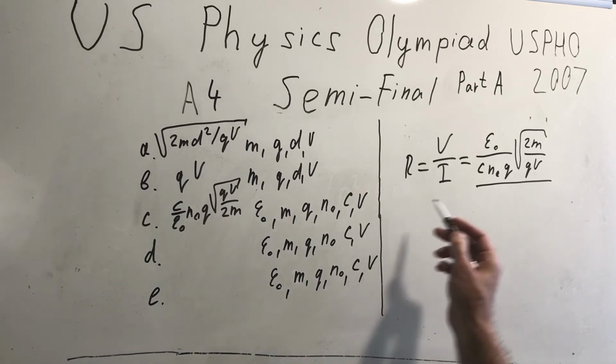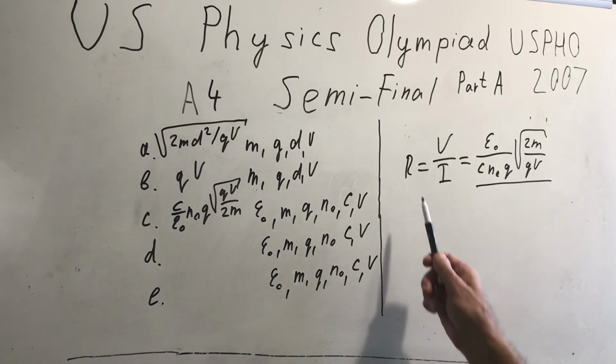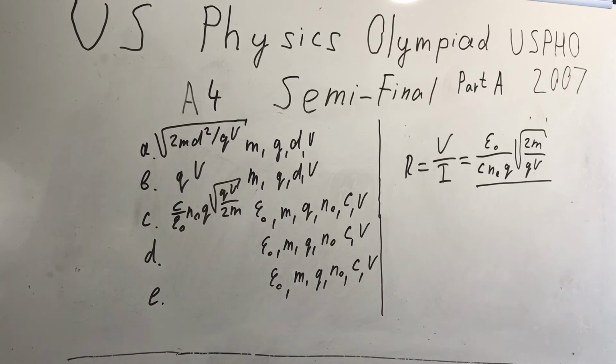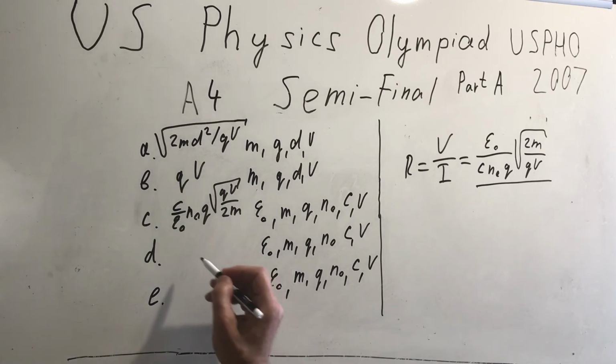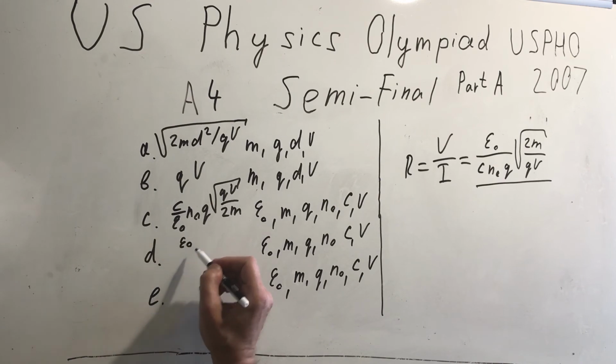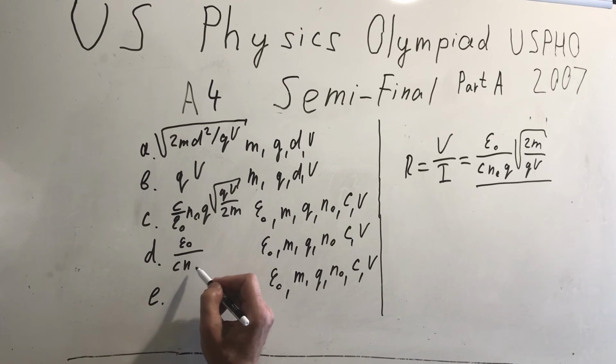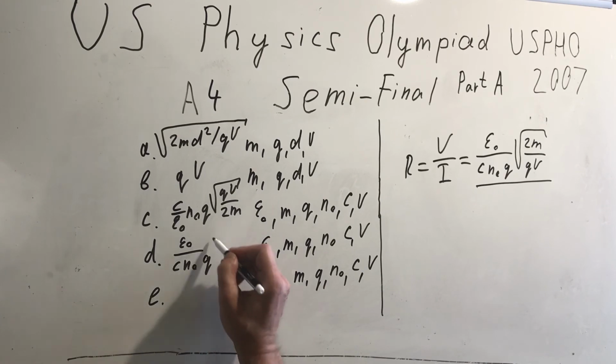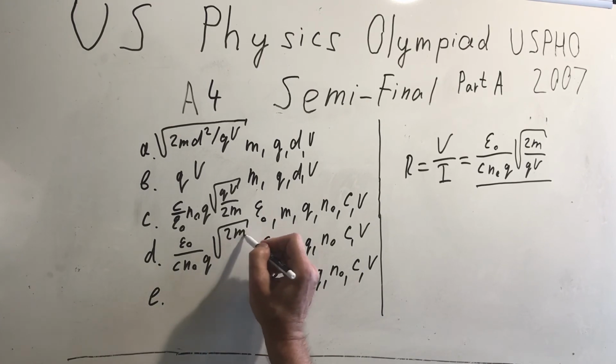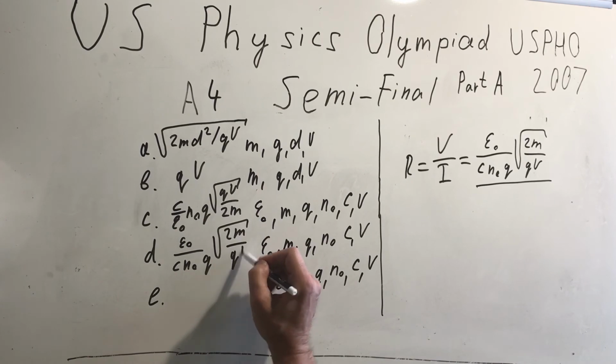See, this element is not linear. Resistance decreases when voltage increases. So we can rewrite it here: epsilon 0 over C n0 q root of 2m over qV.